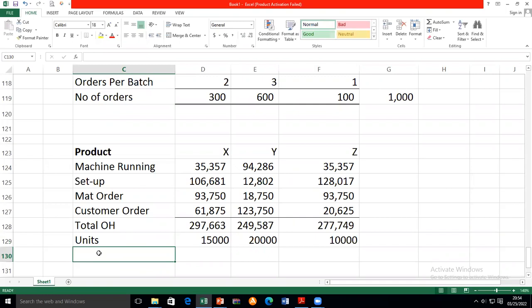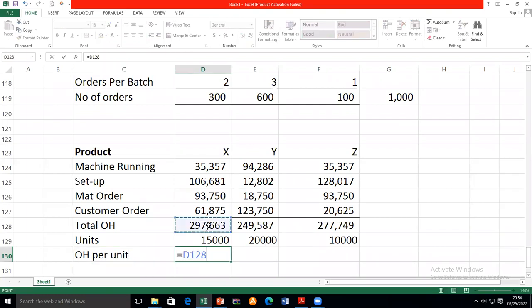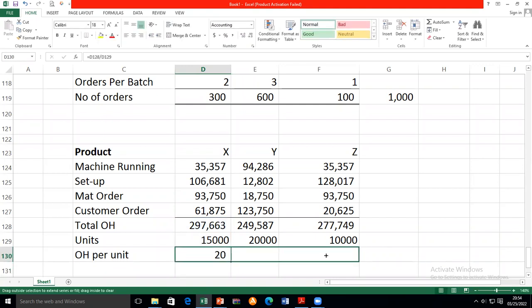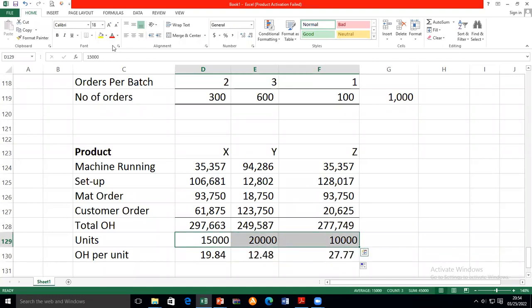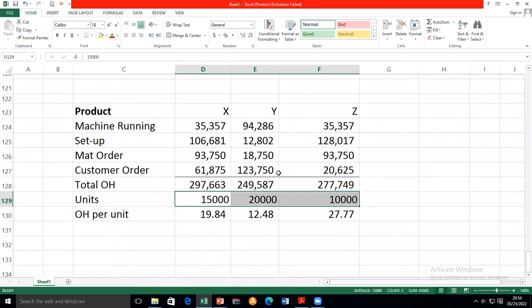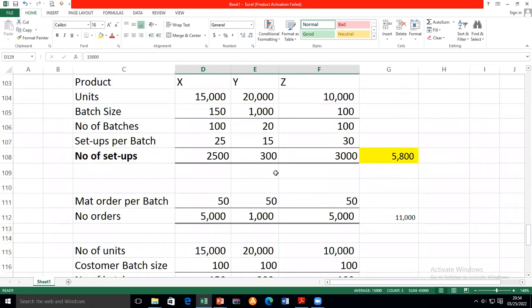So what's the overhead per unit? Let's divide that divided by that. So this is what you have finally. Okay, so these are the overheads per unit. The direct costs don't change.